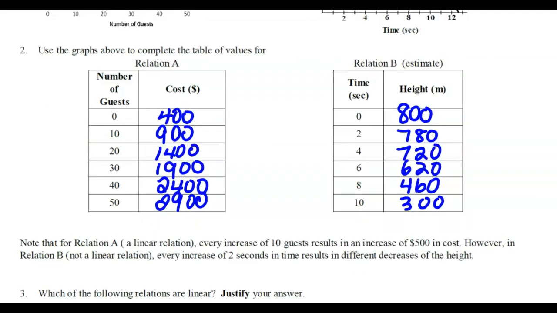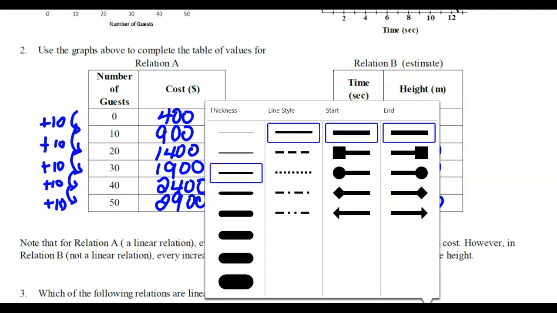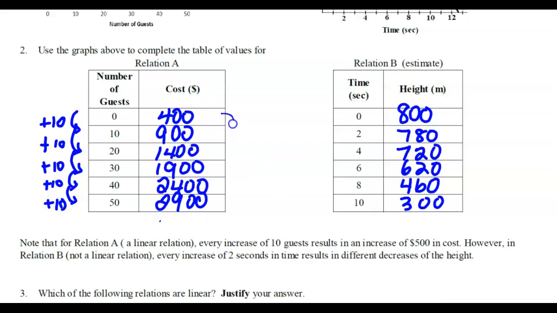Okay, so if you take a look at relation A, for every change in 10, so these are all increasing by 10. It doesn't have to, but that's just what we've put in our chart. These are all increasing by 500.